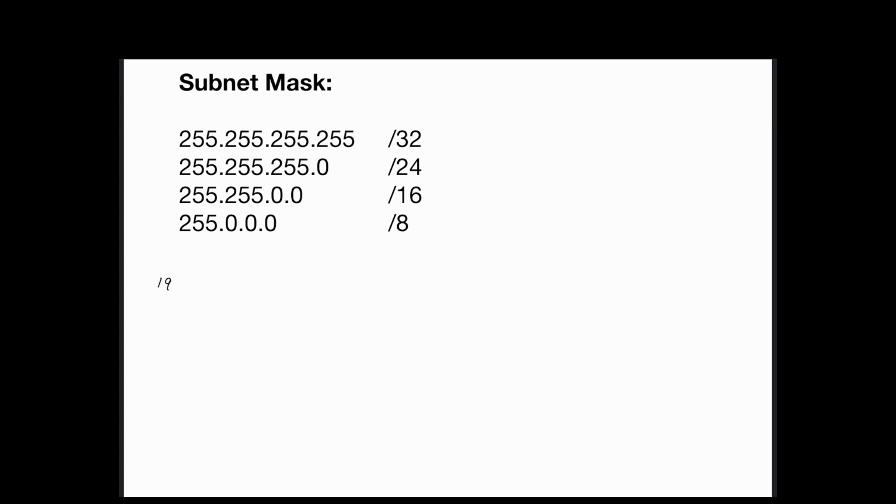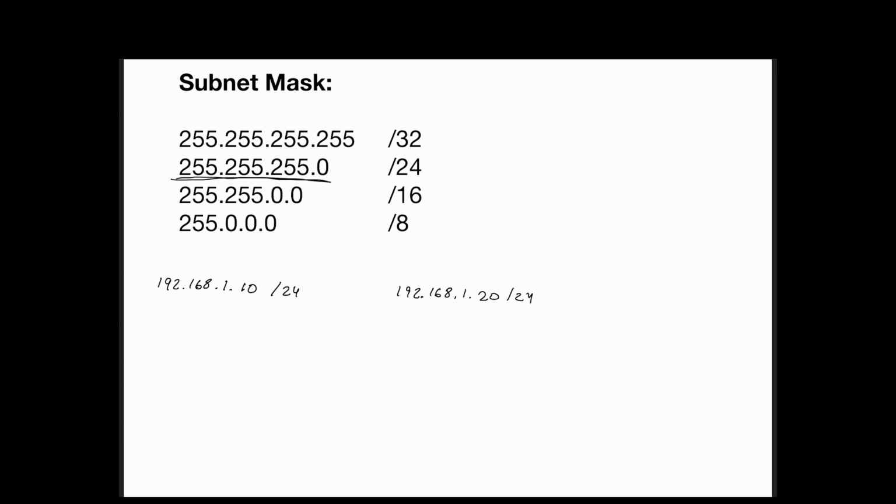Suppose you have one computer that's 192.168.1.10/24 and another computer that's 192.168.1.20/24. So /24 means that it's 255.255.255.0. So what you'll do is whenever you see a 255, that means that portion of the IP address would be part of the network.